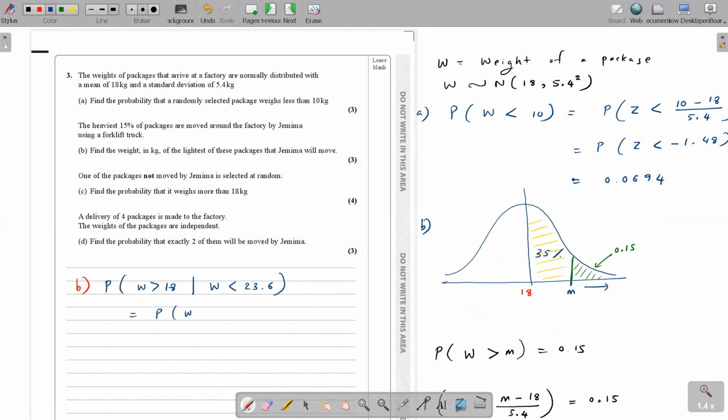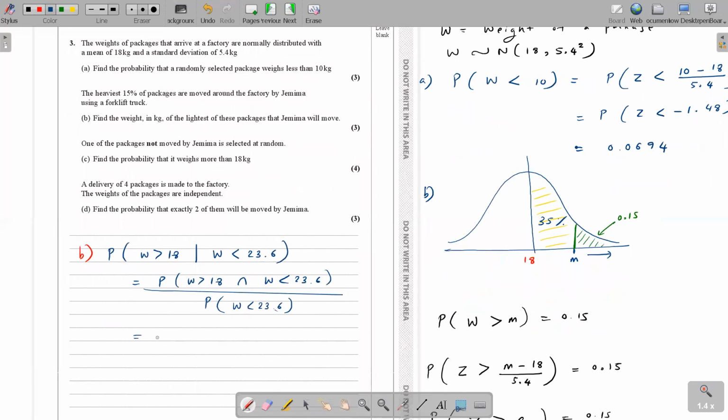So you can write W greater than 18 intersection W less than 23.6. Just write like this, and then W less than 23.6. Otherwise, for the 4 marks, it's going to be an issue. So in between these two, the area is 35%. Below 23.6, the area is 85%. Are you guys with me?